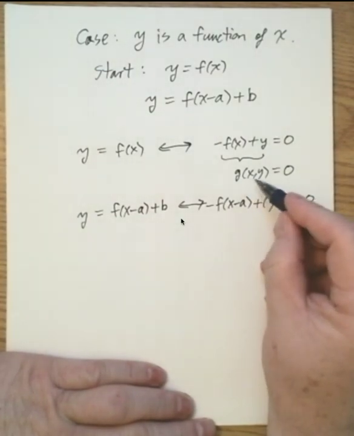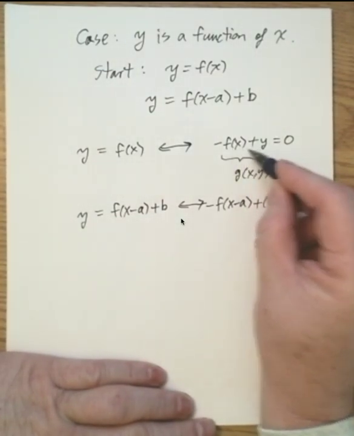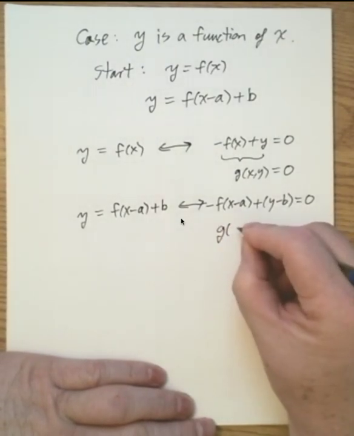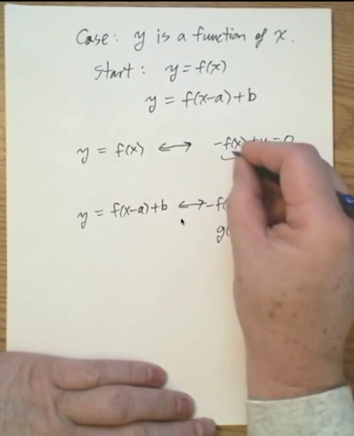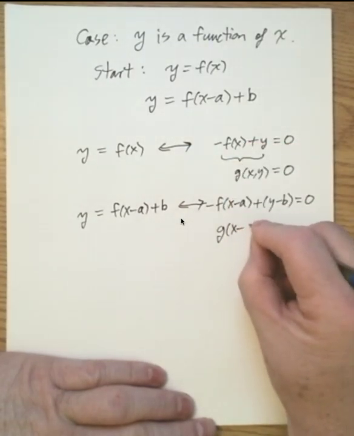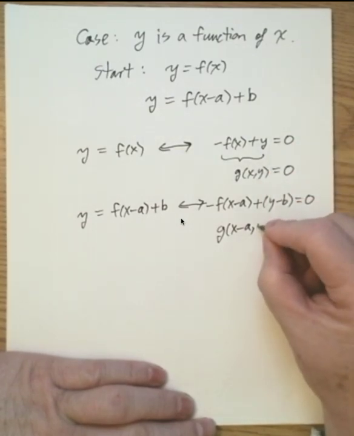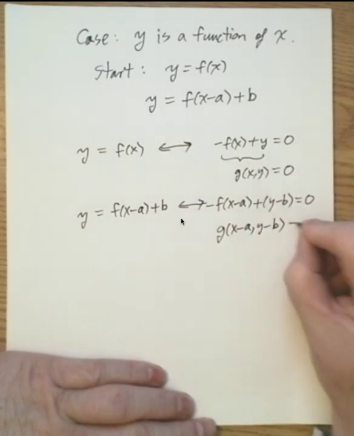Now, if g of x, y is defined to be this up here, what is this? This would be what? I just took g and replaced what? x by x minus a, and replaced y by what? y minus b here is equal to 0.